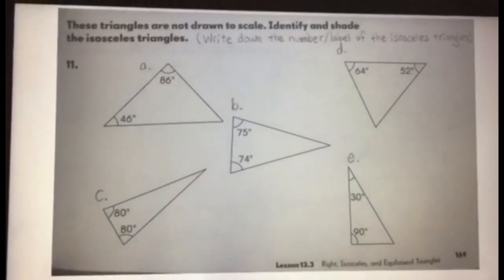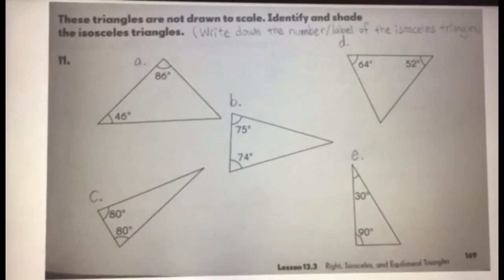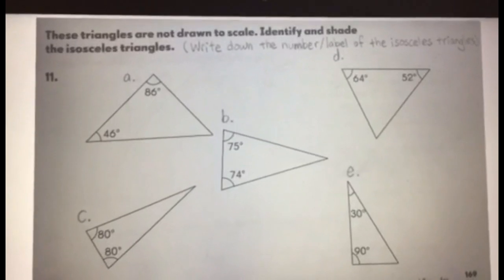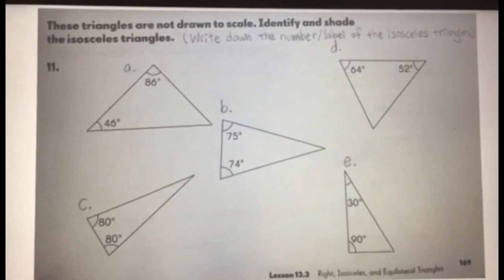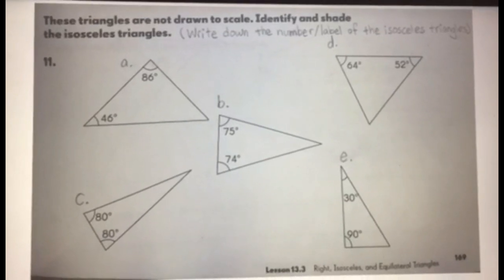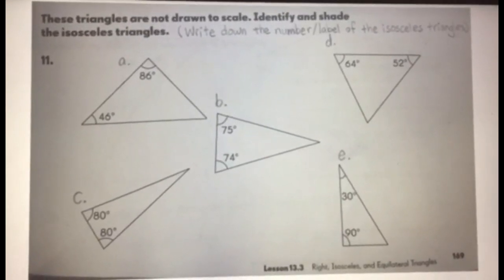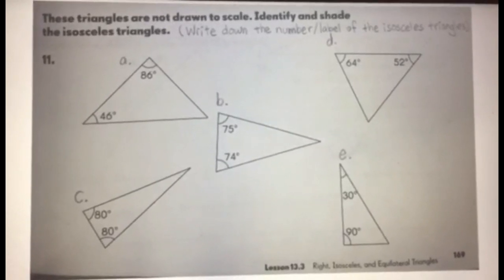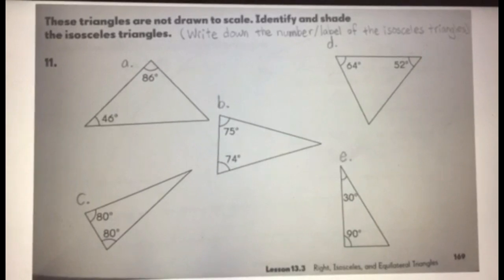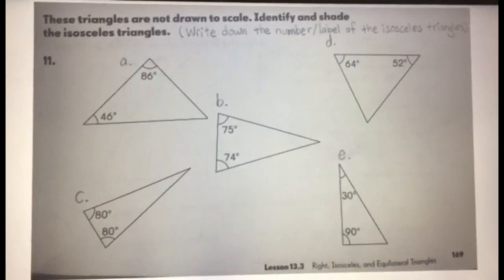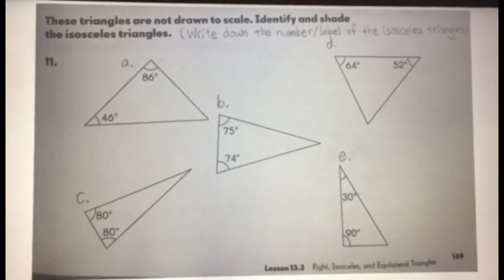Otherwise, I'm just going to explain the homework. For most of the questions, you can just read the instruction. For some questions, I added some instructions because you can't measure from a picture. Like this one. It says, all the triangles are not drawn to scale, identify and shade the isosceles triangles.